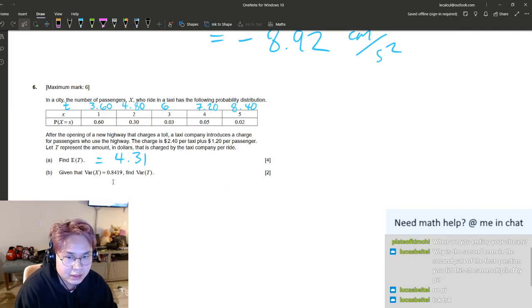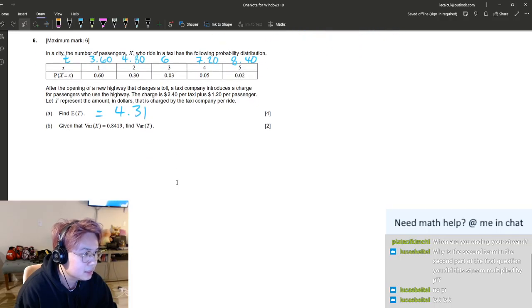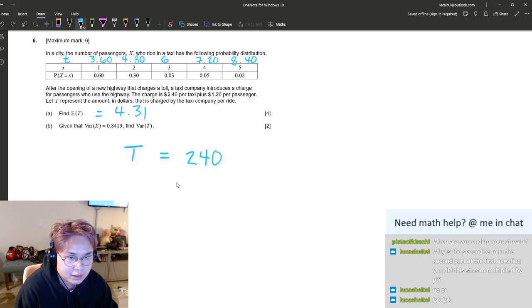Okay, then given that you know the variance of the passengers, find the variance in the cost. Well, we know how the cost and the passengers are related. It's $2.40 plus $1.20 per passenger.